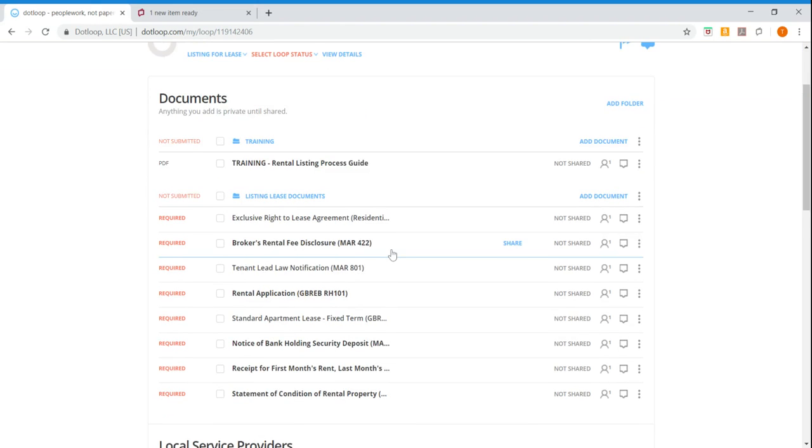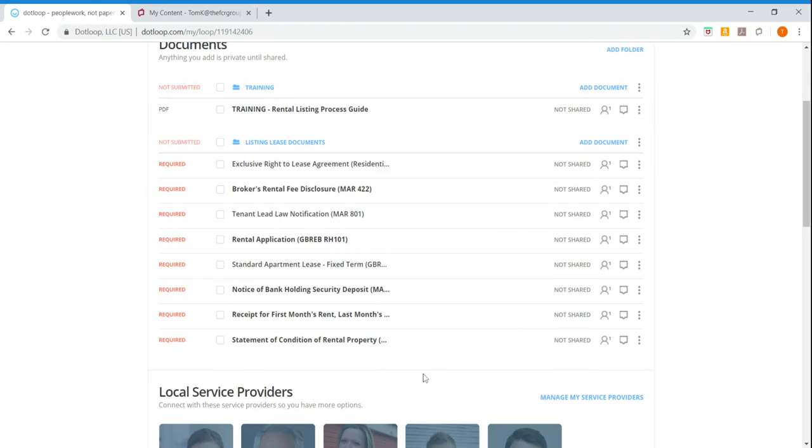once that apartment lease is signed and both parties have a copy, the landlord is still going to be responsible for some additional steps. And it's your duty as the agent representing them to advise them of the current laws and practices and what they need to do to make sure they're compliant. So some of the additional forms you'll see at the bottom here need to be completed by the landlord and distributed to the tenant.